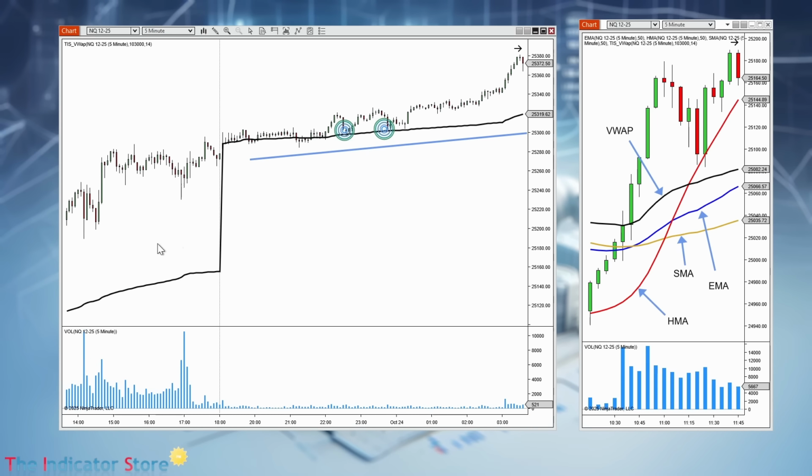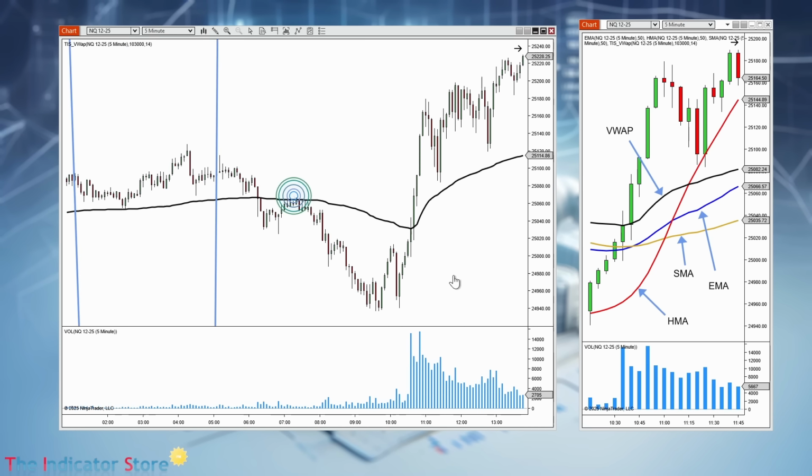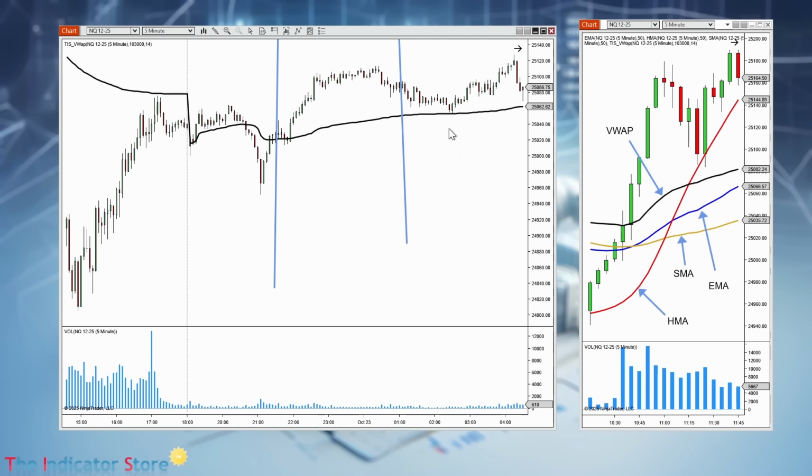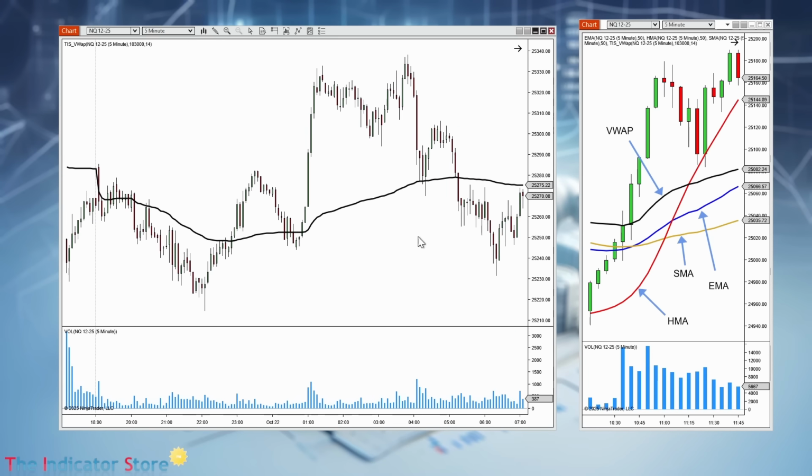We always get a bounce over that line, and if not, here also, even on the pre-market. Or here, we always get a bounce over this line.